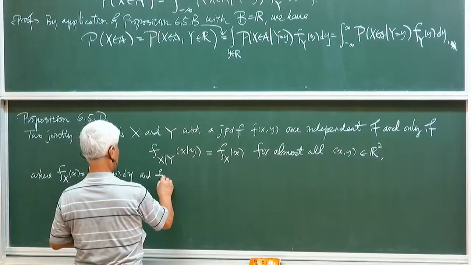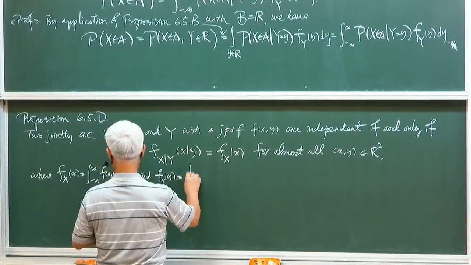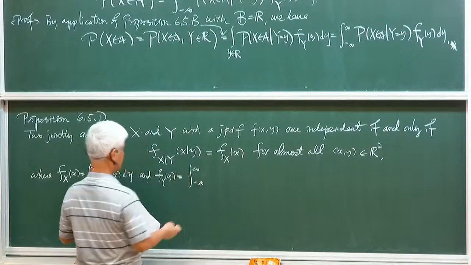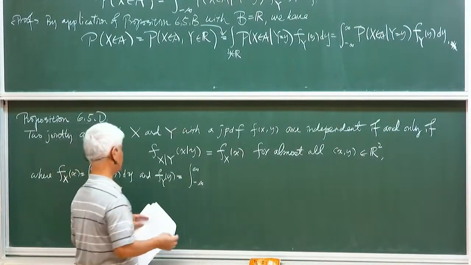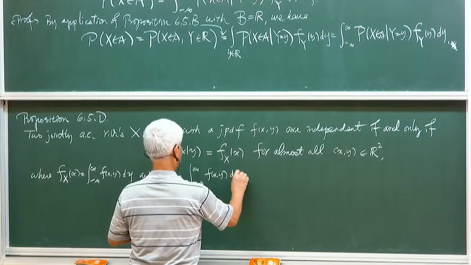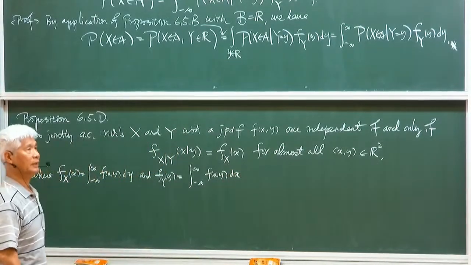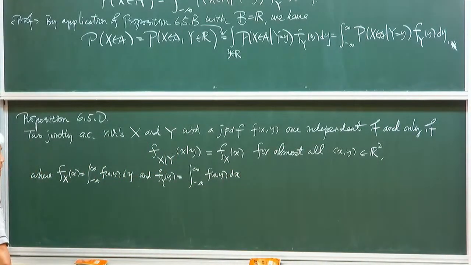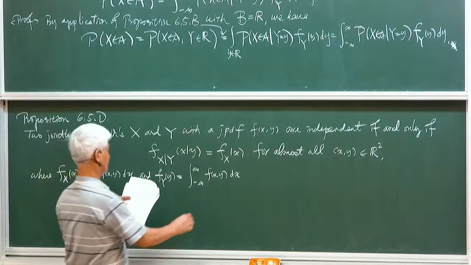And again, the marginal PDF of random variable Y can be obtained from the joint PDF by integrating over all x in the real line.